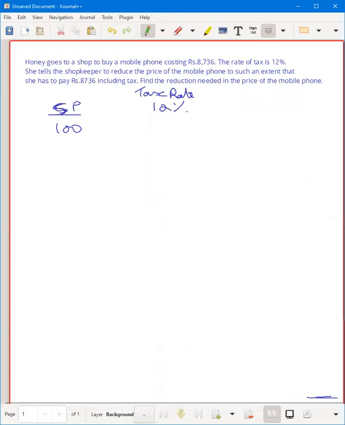Let's say this is the selling price. What will my final selling price become? If my selling price is 100 rupees and the tax is 12%, what will the final selling price including tax become?